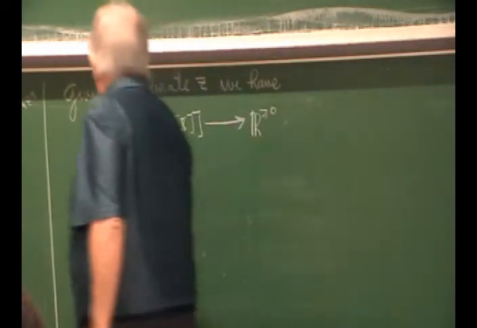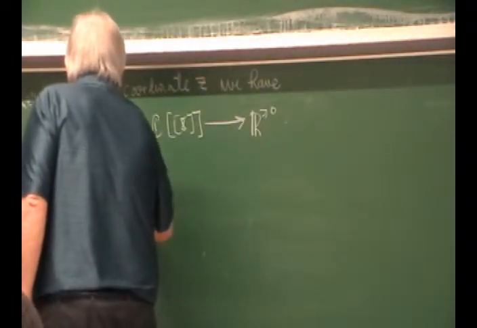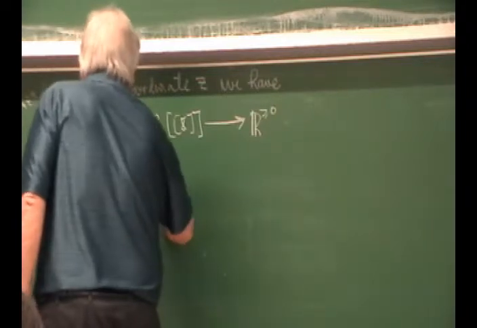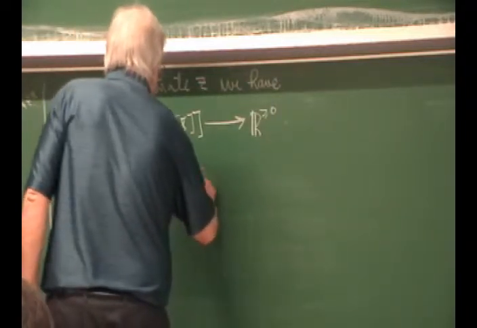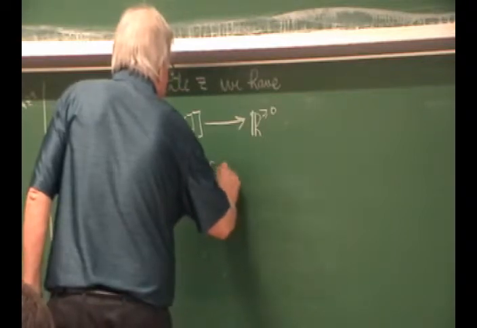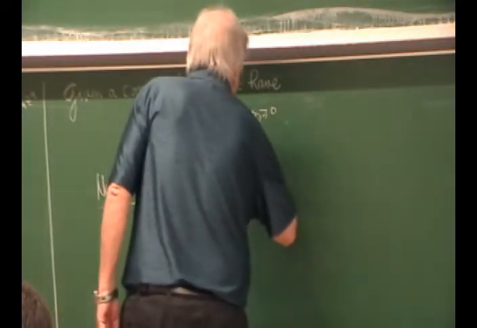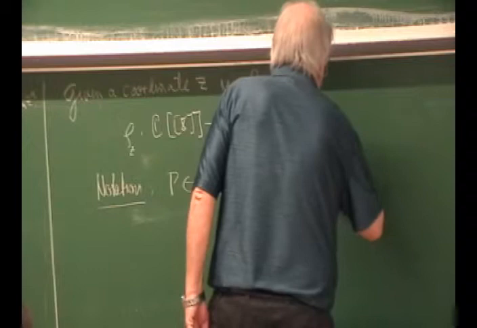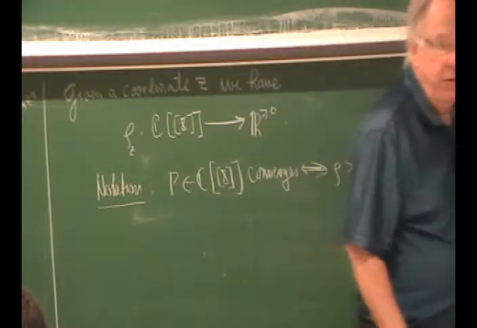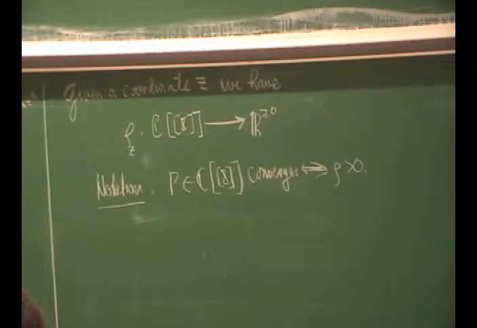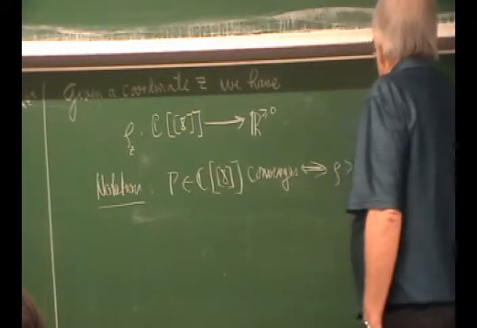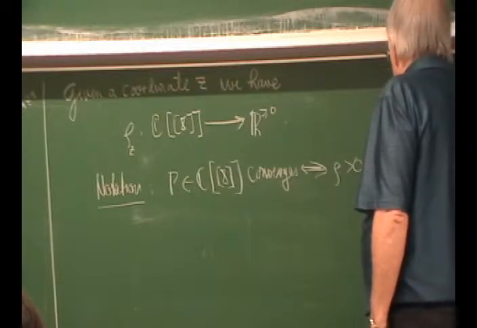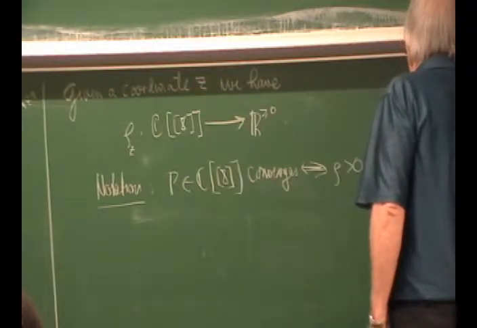And the notation is rho: a power series converges, whatever that means, if and only if rho is positive. So you have the ring or algebra of formal power series. You have a function on that called the radius of convergence. It's just some function. You compute it out. It's not very hard to compute it out.